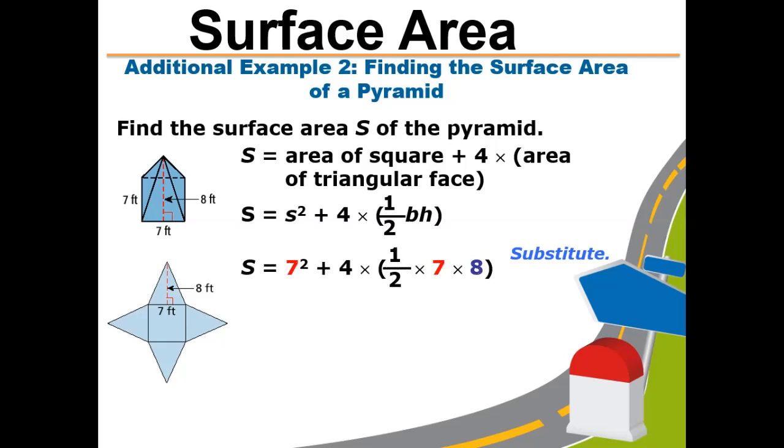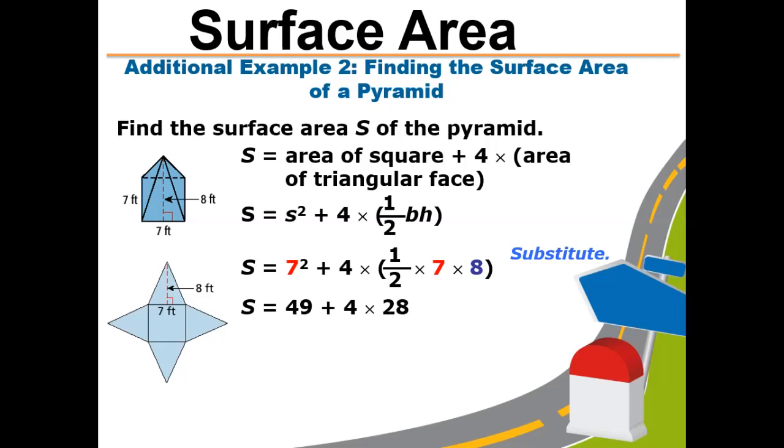Okay, using the order of operations, we first have to solve the power and the bracket, then complete my steps. 7 to the power 2 means 7 multiplied by 7, it will be 49. For the 4 multiplied by the bracket, half multiplied by 7 multiplied by 8 will give me 28.